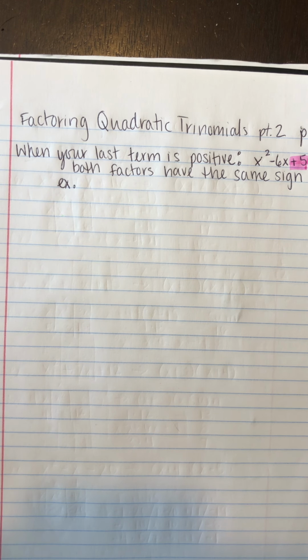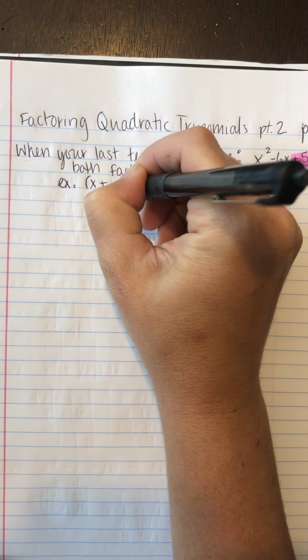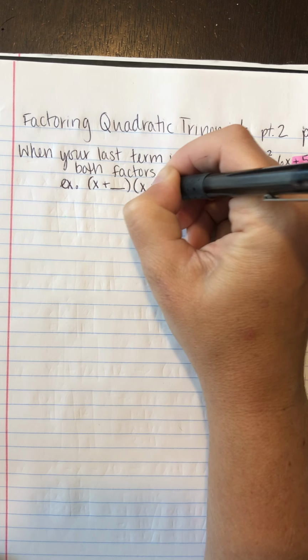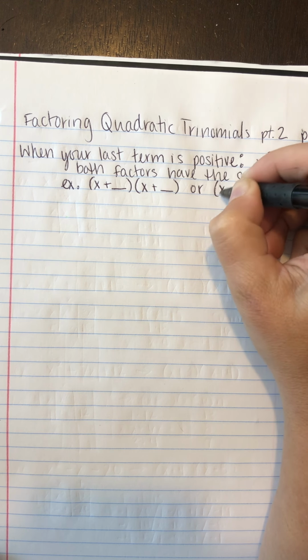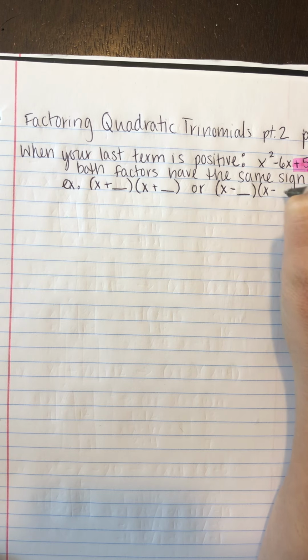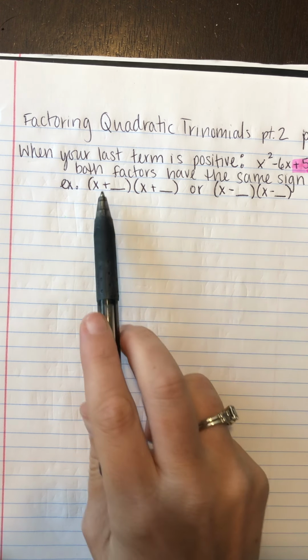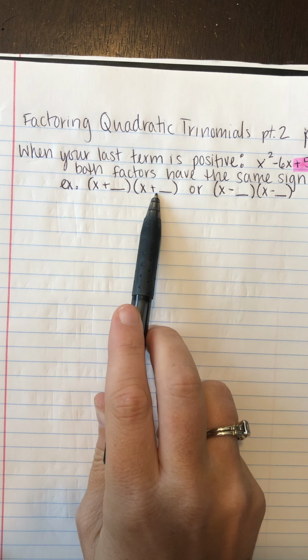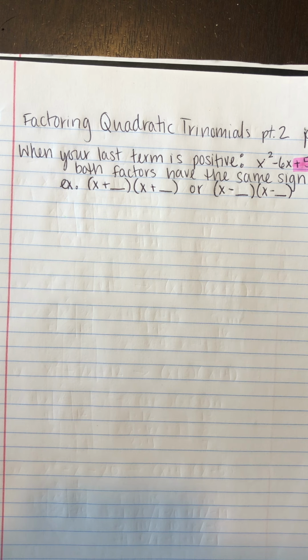And that's going to tell us that we either have an x plus number multiplied by another x plus number, or we could have x minus number times x minus a number. So what this means is if this is positive, these two factors will have the same sign, so plus and plus, or minus and minus. They're the same sign. So how do you determine which ones they are?